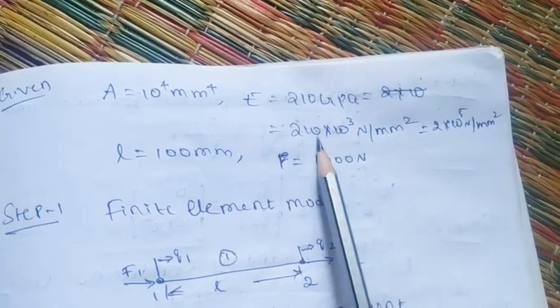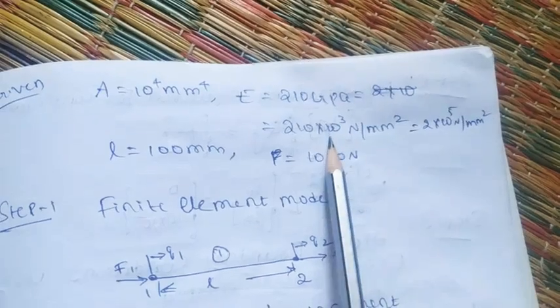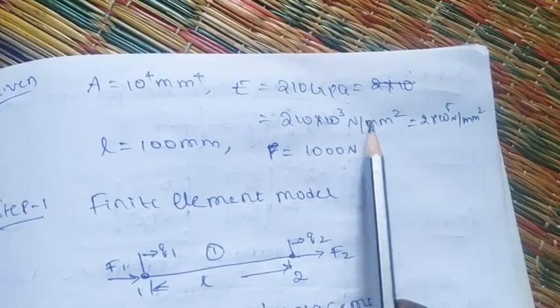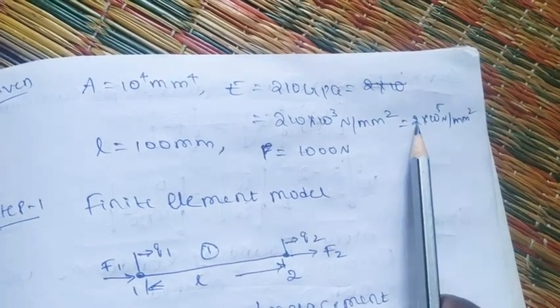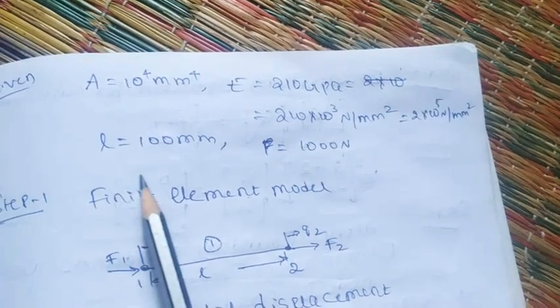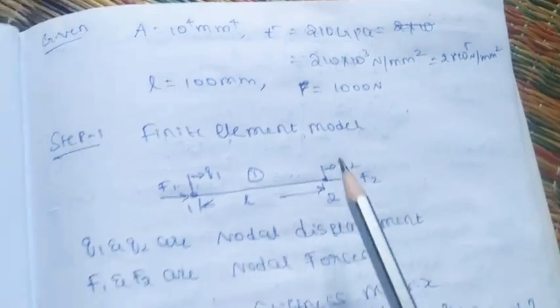The conversion of 210 GPa: 1 GPa is 1 into 10 raised to 3 Newton per mm square. Therefore 210 into 10 raised to 3 Newton per mm square, or we can write this as 2.1 into 10 raised to 5 Newton per mm square. Also length is 100 mm and load is 1000 Newton.